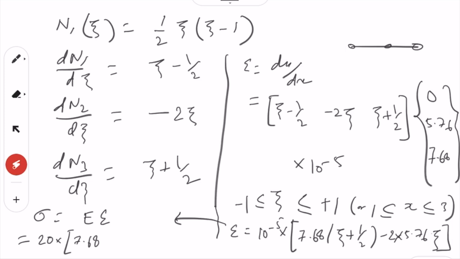So what we see here is some value which will be half of this. So half of this will be 3.84, then it will be minus the value of this. So what we have here is 2 times this minus 2 times this minus this, we write in minus.